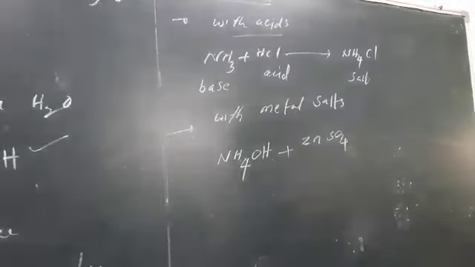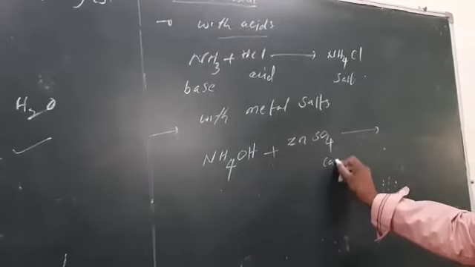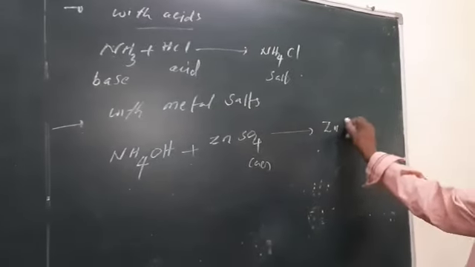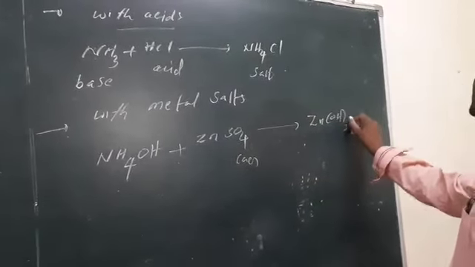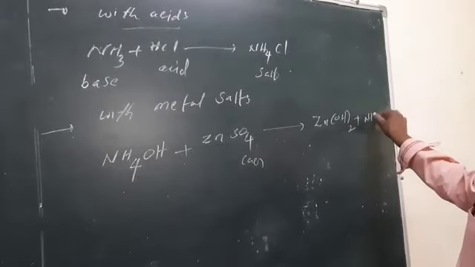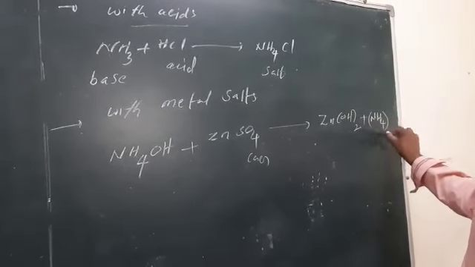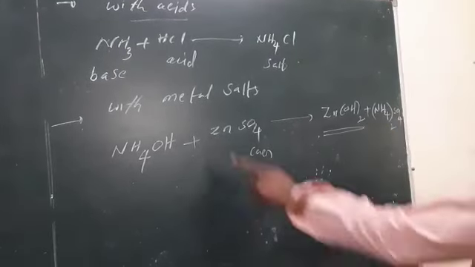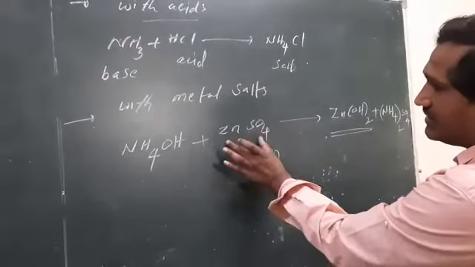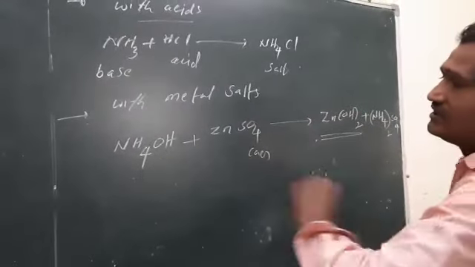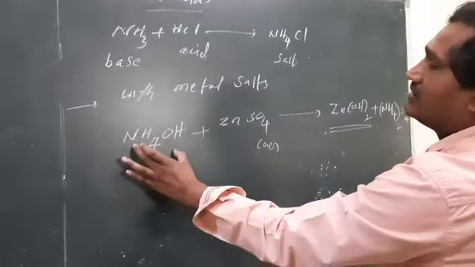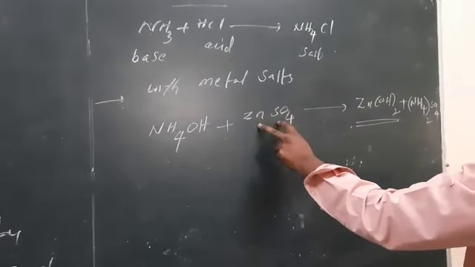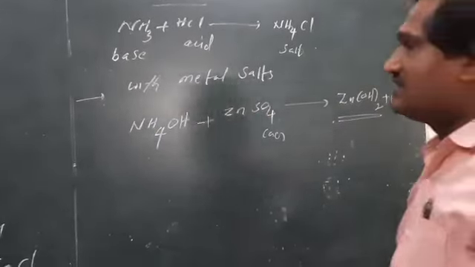The zinc sulfate solution forms zinc hydroxide and also ammonium sulfate. So hydroxides are formed from metal salts; those metal salts react with the ammonia solution.